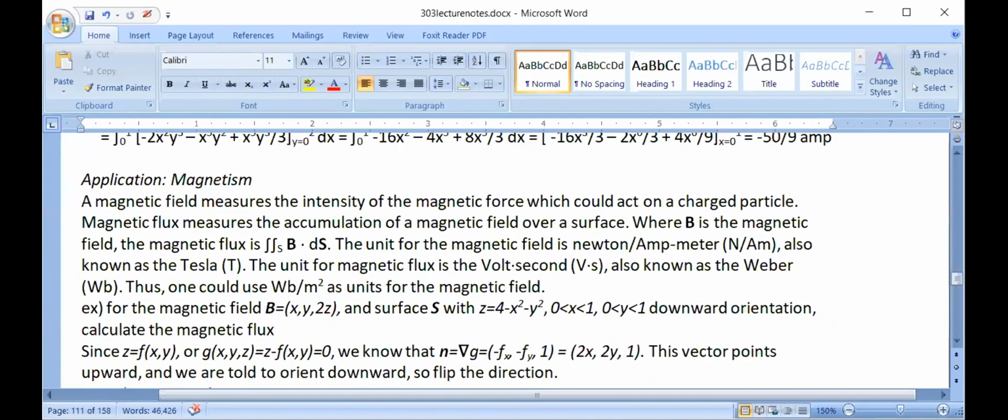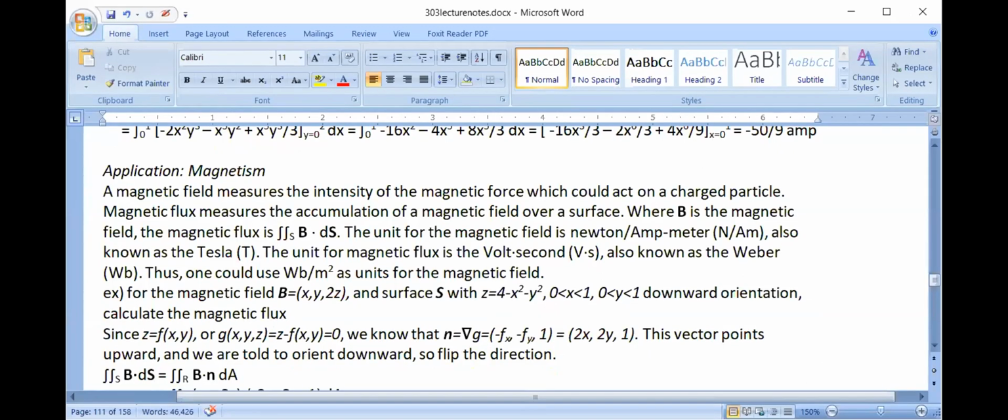However, the question specifically says, give your surface the downward orientation. So for that reason, you take your normal vector and you must flip it. So your normal vector is going to be negative 2x, negative 2y, negative 1. And now you've got a normal vector oriented downward.